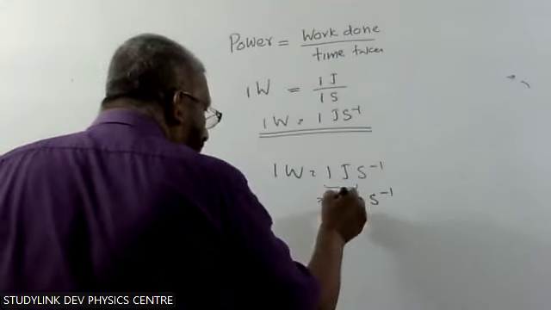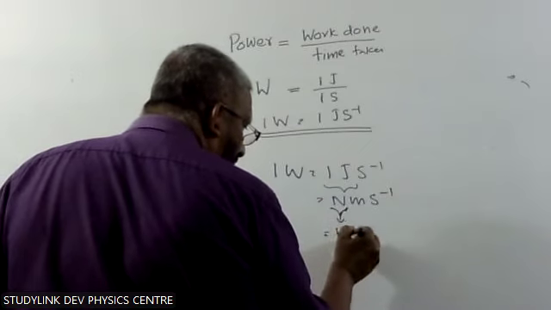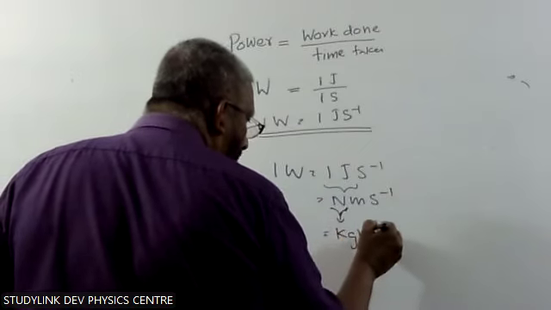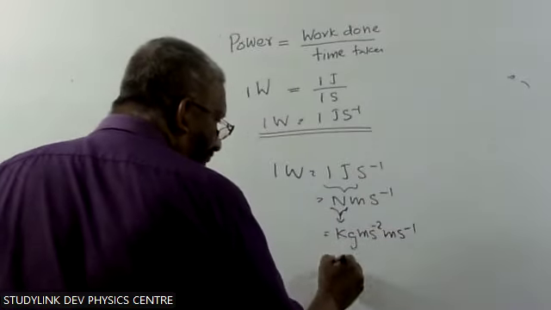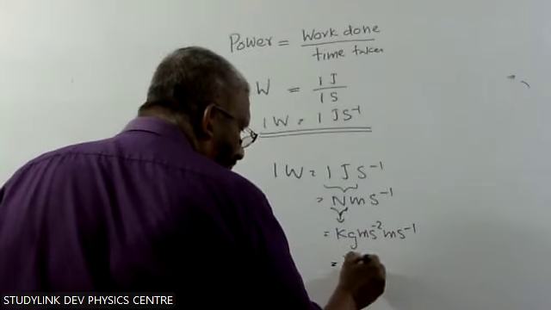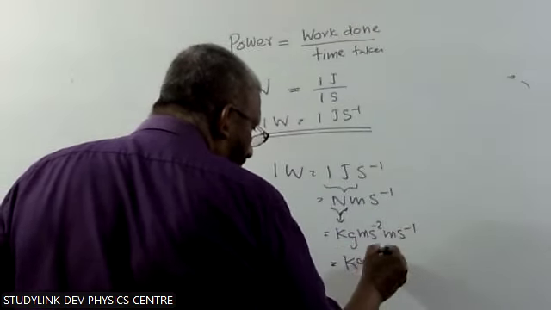Newton can be written as 1 kilogram m s^-2. So therefore this is kg m into m^2, s^-2 s^-1, s^-3.